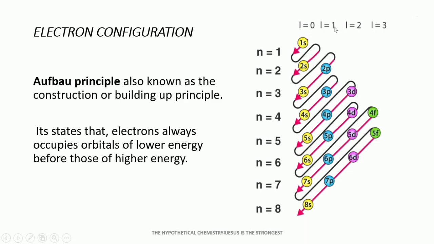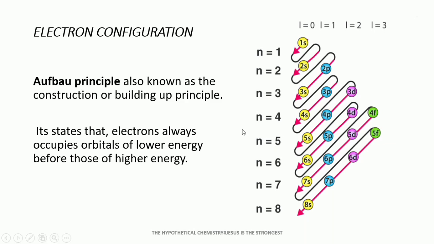Here it is 1, 2, 3. And in our previous video lesson, that is the quantum numbers, we learned that when the angular momentum quantum number is 0, we are talking about the s orbital, represented here with the yellow color. When it is 1, we're talking about the p orbital represented with blue. When it is 2, we're talking about the d orbital represented here in purple. And when it's 3, we are talking about the f orbital represented here in green color.